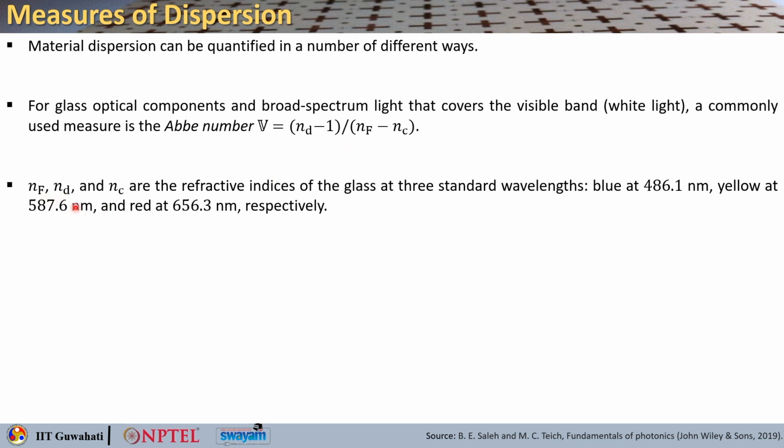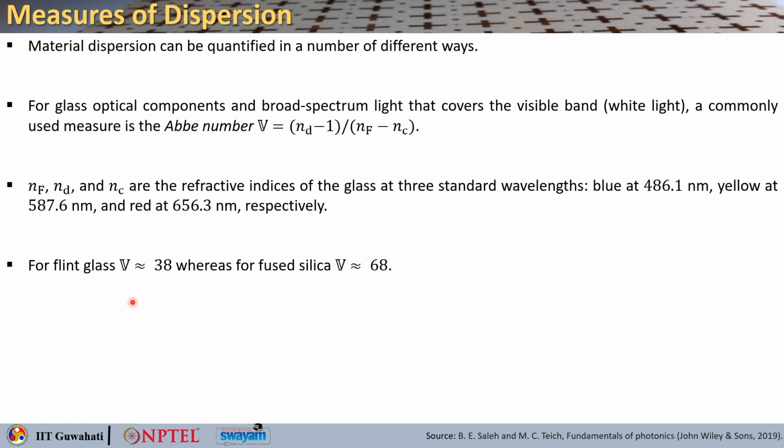So, this Nf, Nd, Nc are basically the refractive indices of the glass at three standard wavelengths. One is at blue, that is taken as 486.1 nanometer, yellow taken at 587.6 nanometer, and red taken at 656.3 nanometer.